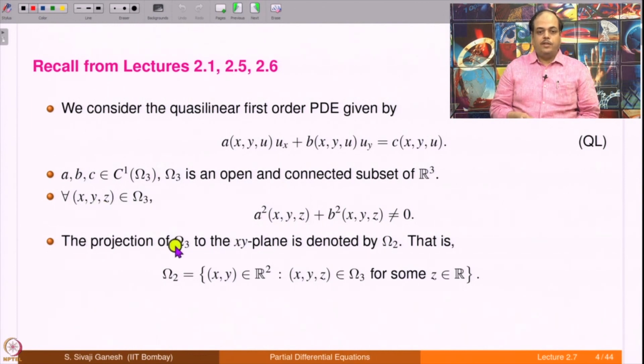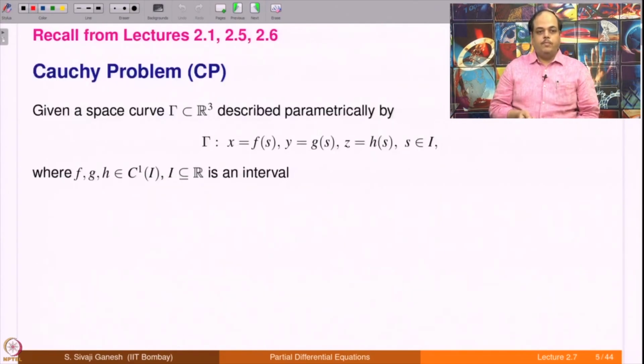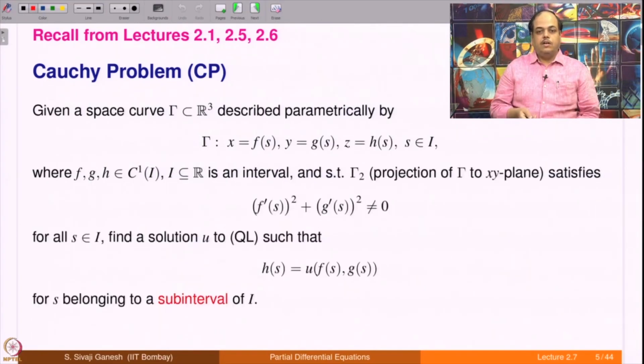And the projection of omega 3 to xy plane is denoted by omega 2. Cauchy problem, given a space curve, that is a curve in R3 which is given parametrically in this form where the parameter is running in interval I and F, G, H are C1 functions such that notation gamma 2 important, gamma 2 is a projection of gamma to xy plane that satisfies this condition.